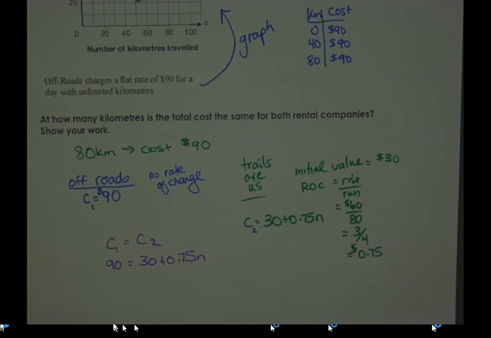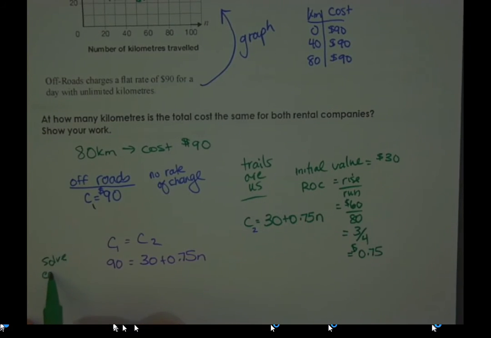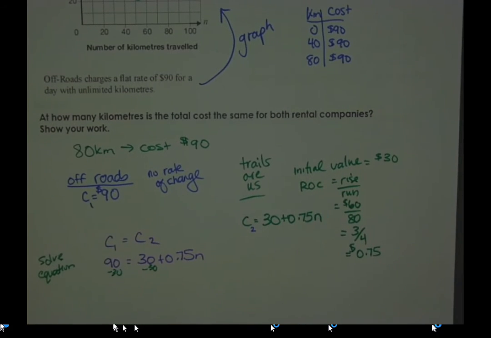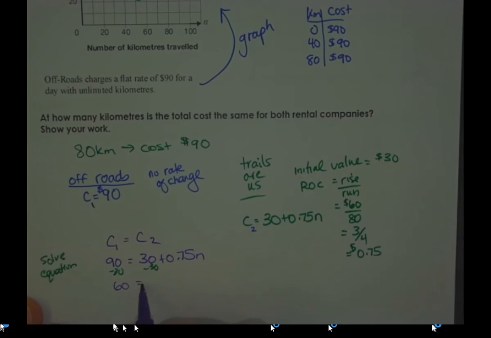And what I can do with that is now I can solve an equation. So here, using our solving rules, 60, so I'm moving the 30 over to the other side, so I have all my like terms together.